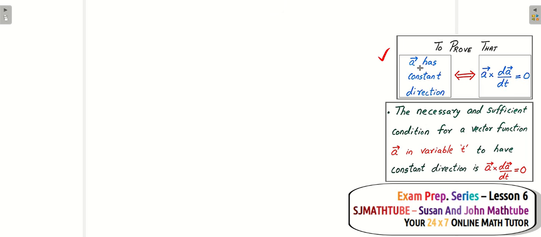So how do you start with the necessary part? Assume this and prove this side. And the sufficient part, assume this but prove this. But before we start, we must find A cross dA by dt.